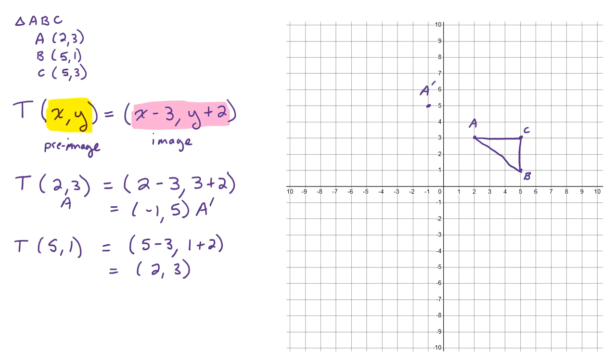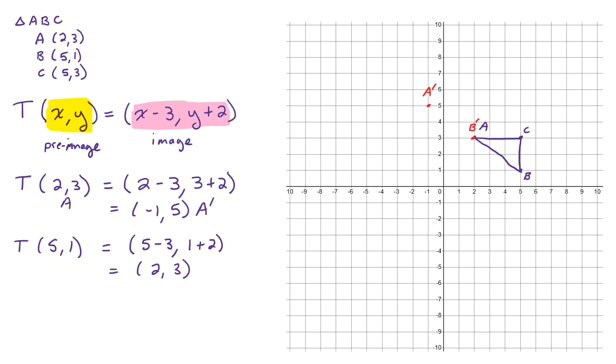That landed right on top of A. Well, sometimes that happens. Actually, let's do these in a different color. Let's do them in red. So my A prime was at (-1, 5). My B prime landed right on top of A there. Let's move this A over to here a little bit. And B prime landed right on top of the same place as A original.